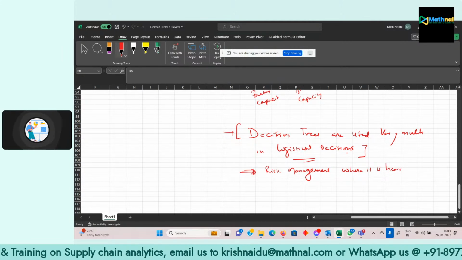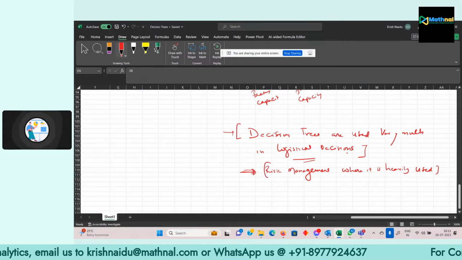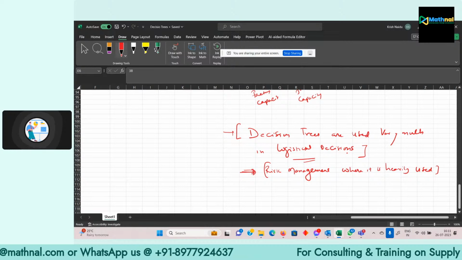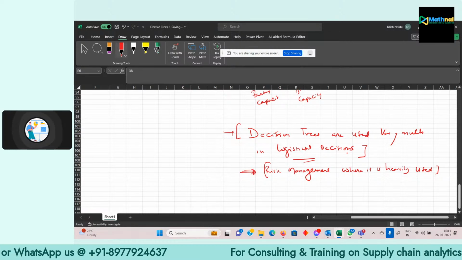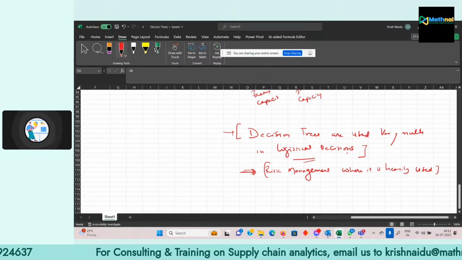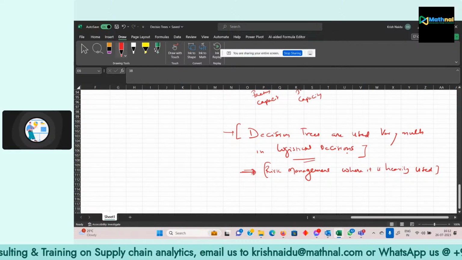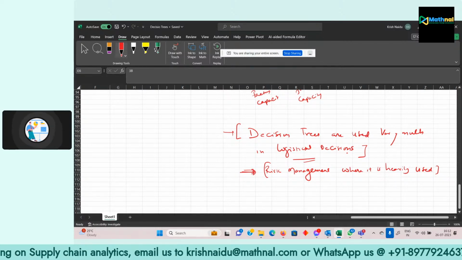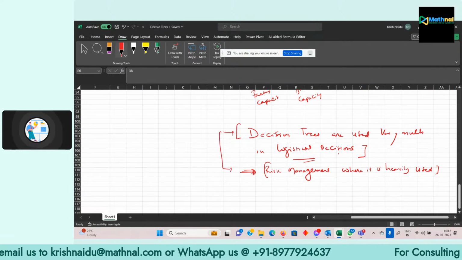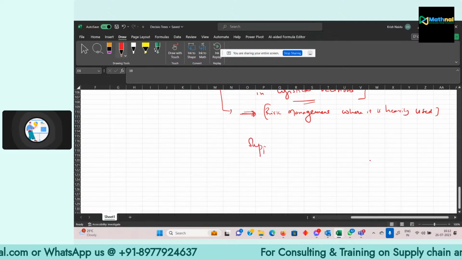Post COVID, every factory or business wants to invest resources in risk management, because COVID brought them into a situation where they were not able to execute proper decisions. It completely paralyzed them. So now most businesses are trying to invest in supply chain risk management.